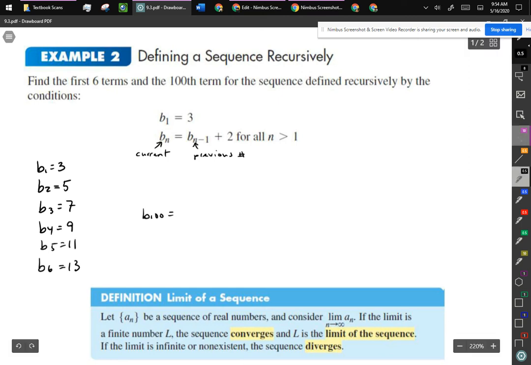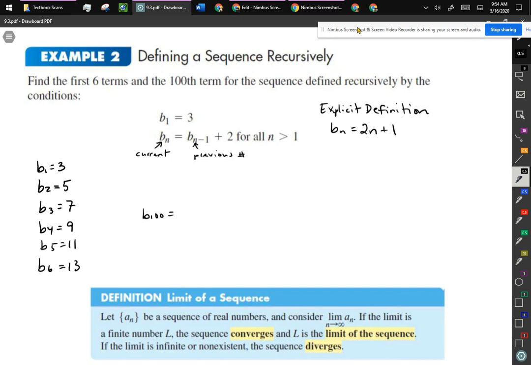So I can also define this explicitly. This is an explicit definition. It would be b sub n is equal to 2n plus 1, if I double n and add 1. So that's another way you can approach this.